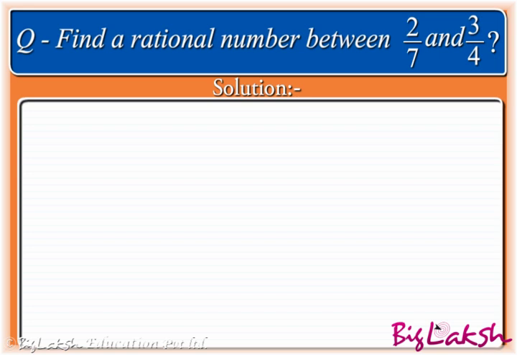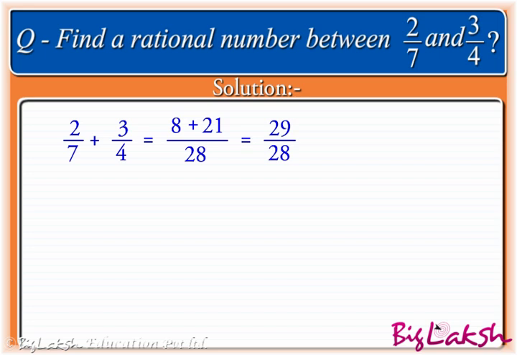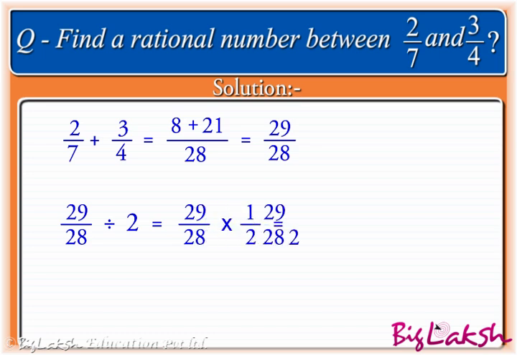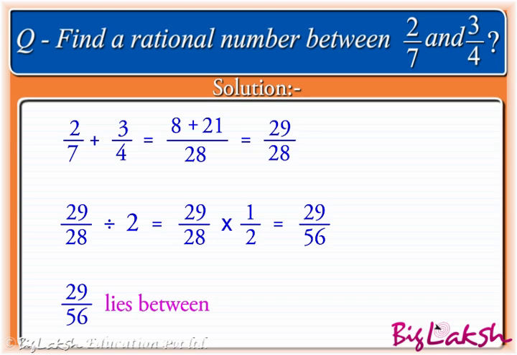So for this, first, we will find the sum of 2 by 7 and 3 by 4. The sum is 29 by 28. Now, we divide the sum by 2. The result is 29 by 56. So, we can say 29 by 56 lies between 2 by 7 and 3 by 4.